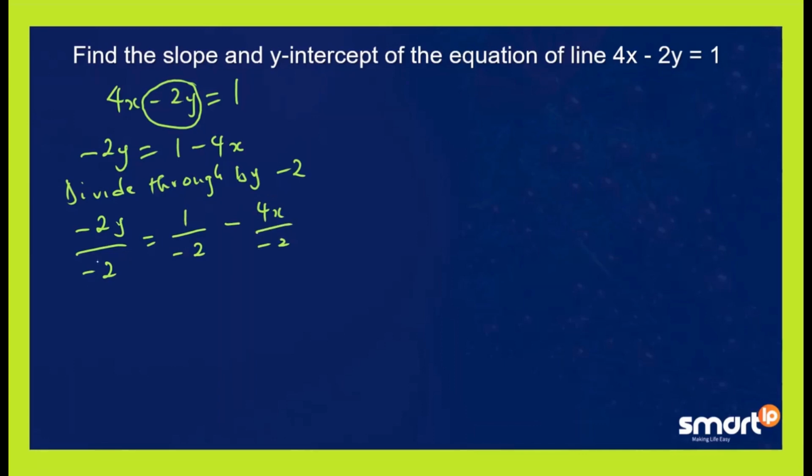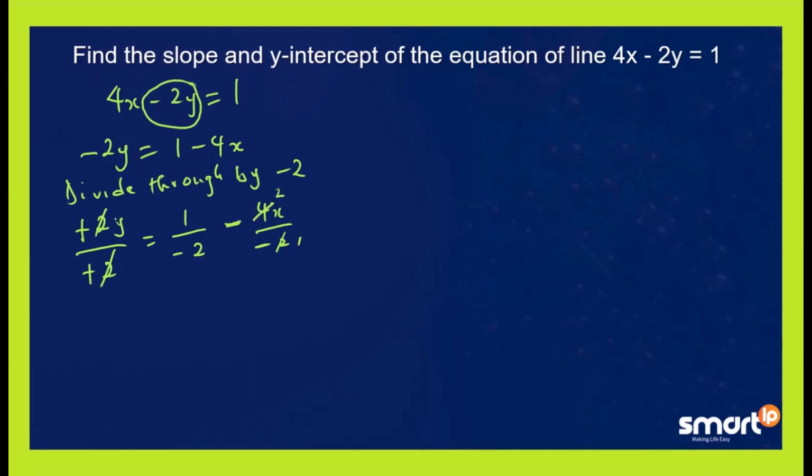Okay, so we cancel out minus here, 2 in 2, that's 1. So we have y left there. Here minus divided by minus is going to give us plus there. 2 here, 1, 2 in 4, that will give us 2.